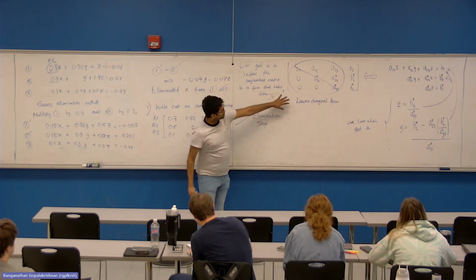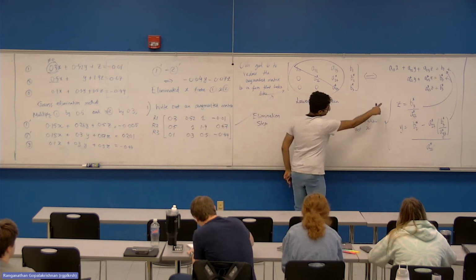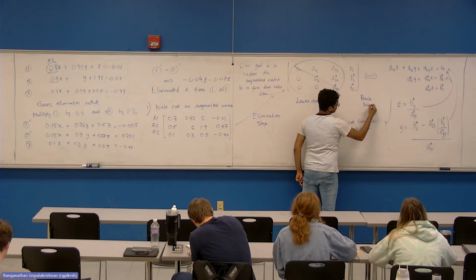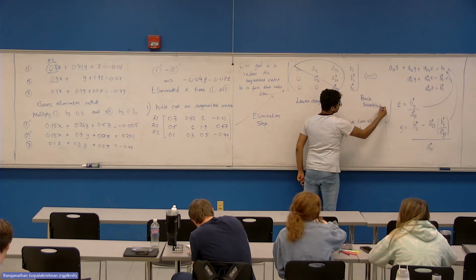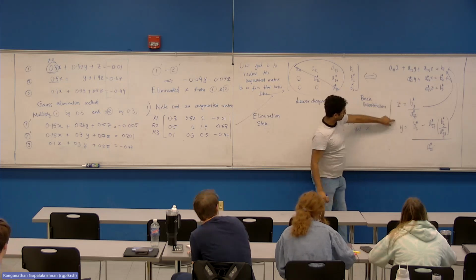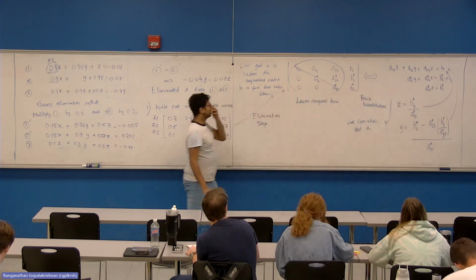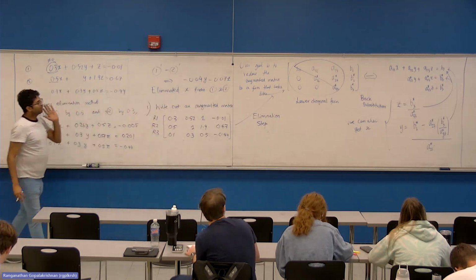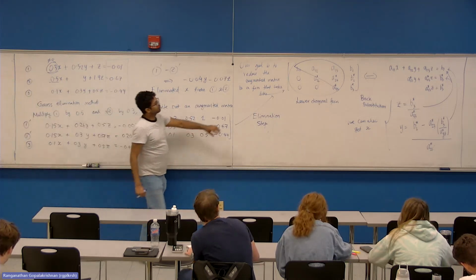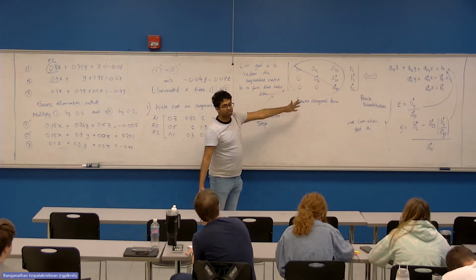And once you reduce the augmented matrix to the lower diagonal form, you can do this operation, which is called back substitution. It's a very obvious name. You get one, you substitute it back, you get one more, substitute them back, get the third. So it's called back substitution. So what you need to practice is how do you go from here to this lower diagonal form? If you figure that out, the rest is just child's play.